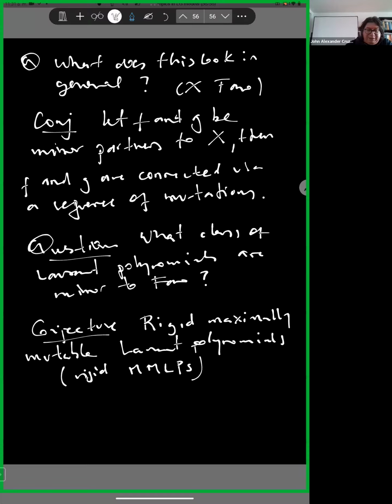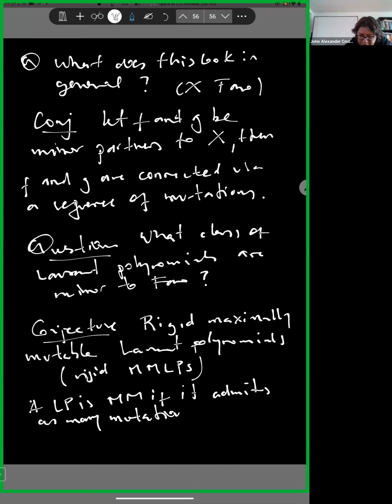So what does it mean to be maximally mutable? Let me just say that a Laurent polynomial is maximally mutable if it admits, this is a rough definition, as many mutations as possible.